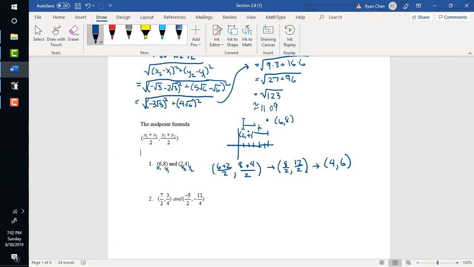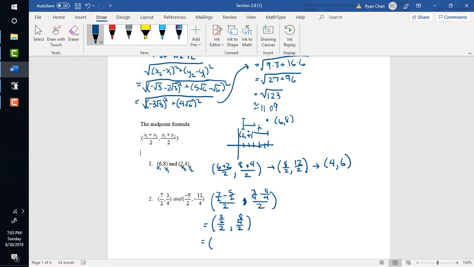Let's do one more. So I have 7 halves minus 5 halves divided by 2, and the next one will be 3/4 minus 11/4 divided by 2. So this is 2 over 2 divided by 2, and negative 8 over 4 divided by 2.